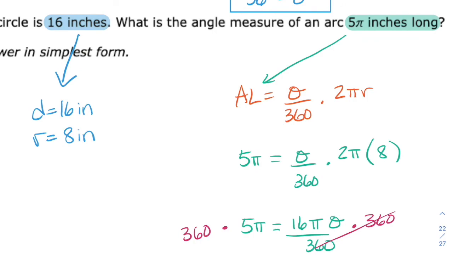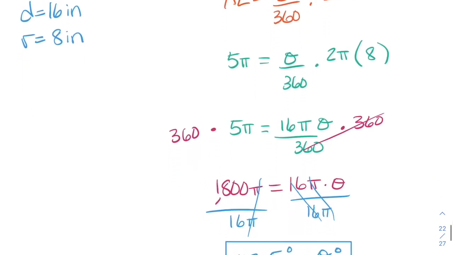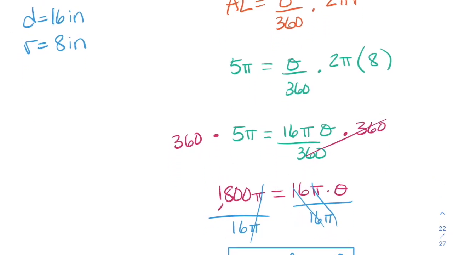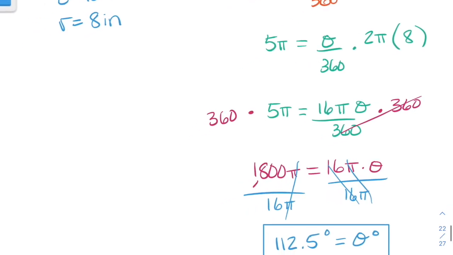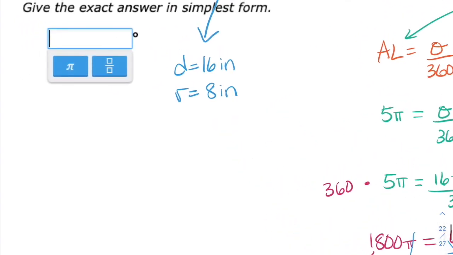So 8 times 2 is 16 pi. That worked out. 5 pi inches long, so 5 pi goes there. So we multiply both sides by 360. So 360 times 5 was 1800. We divided both sides by 16. We got 112.5.